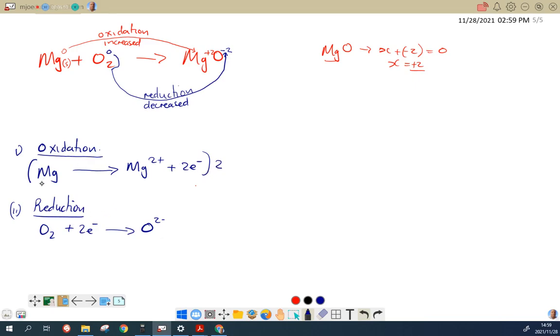So this is going to become 2 Mg, and then that becomes 2 Mg2+ plus 4 electrons. We now have 4 electrons available. And then, instead of having 2 electrons being gained by the oxygen, there are going to be 4 electrons available. So we can change that to 4 electrons.